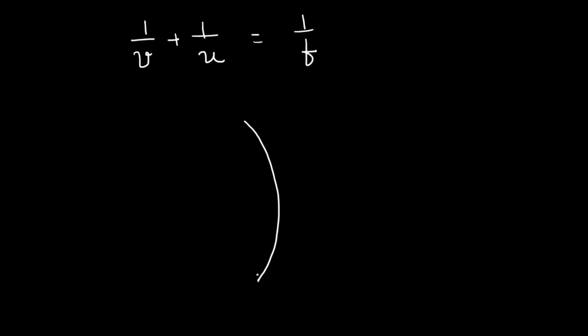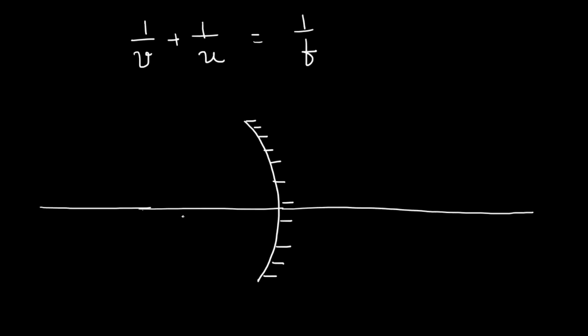This is one of the important implications of this formula that we're going to use again and again, and that is: what happens to a ray, I'm going to use a yellow ray, that is coming from infinity onto the mirror?